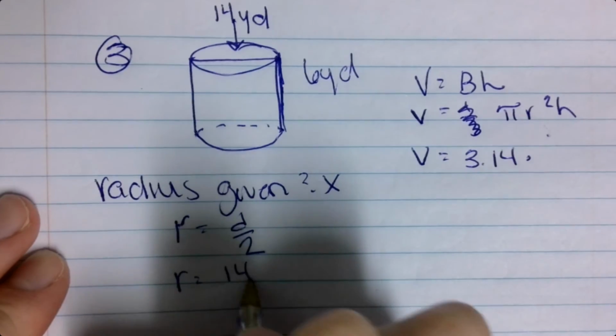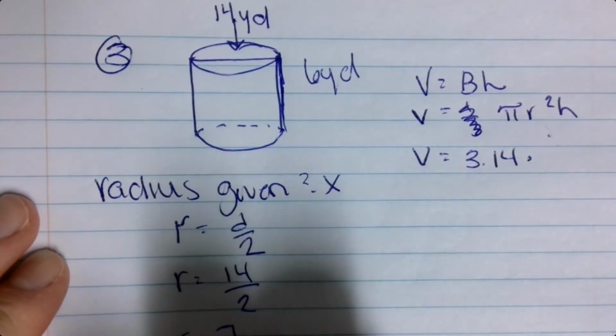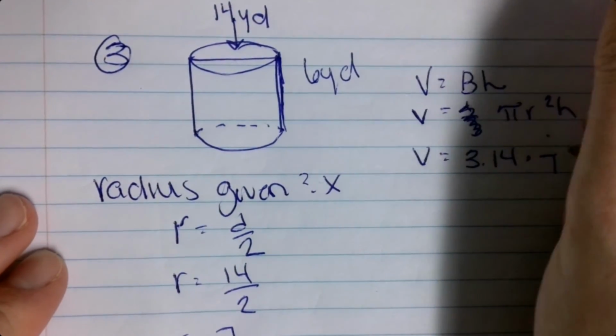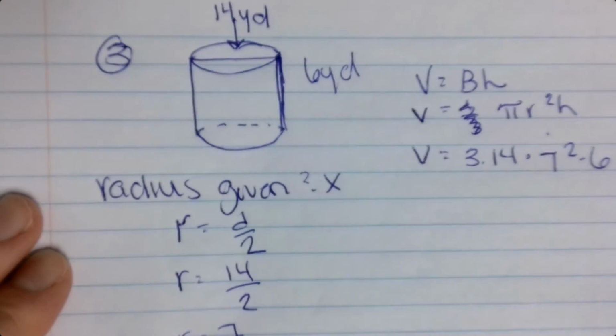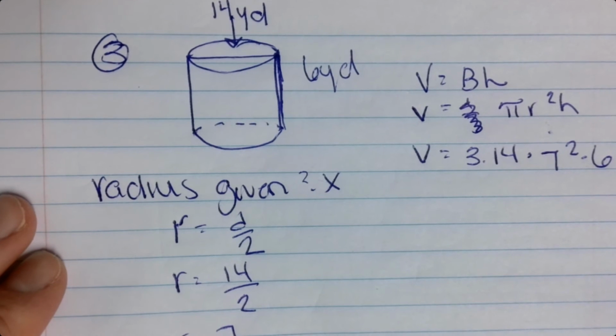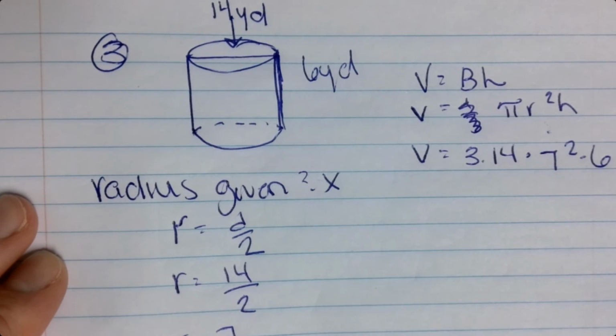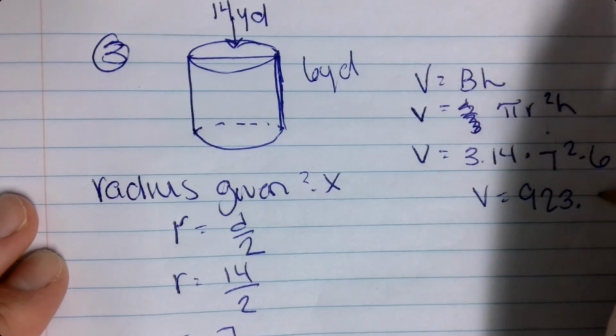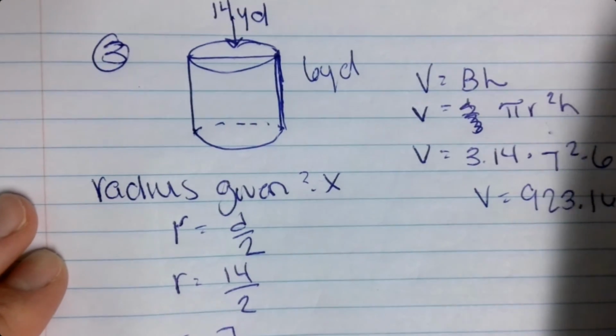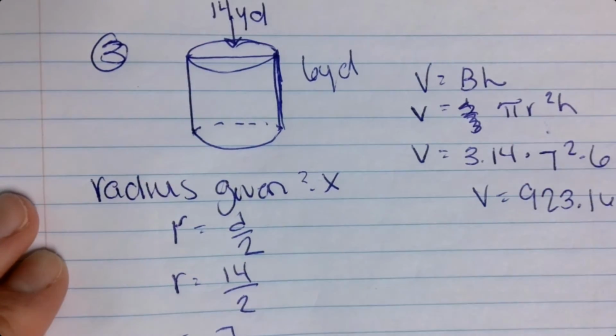R equals 14 over 2. So r equals 7. So it should have been 7 squared times 6. And when you do that math, you would have gotten 923.16, and hopefully you put cubed.